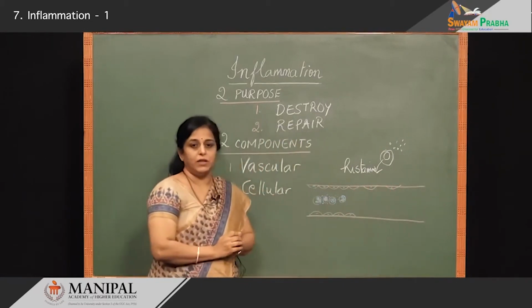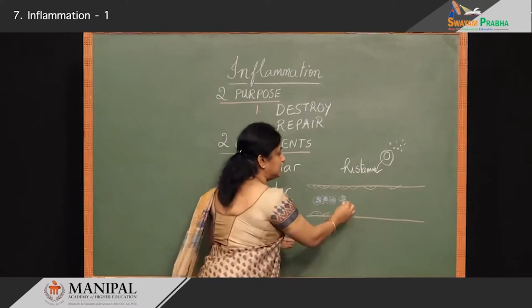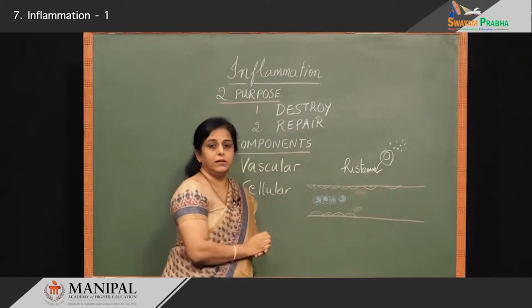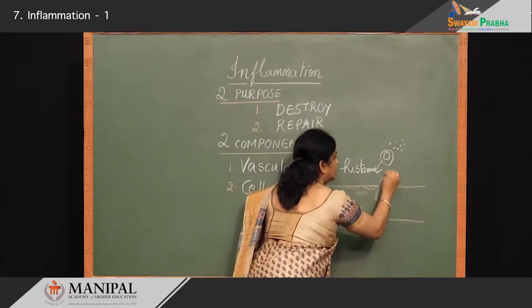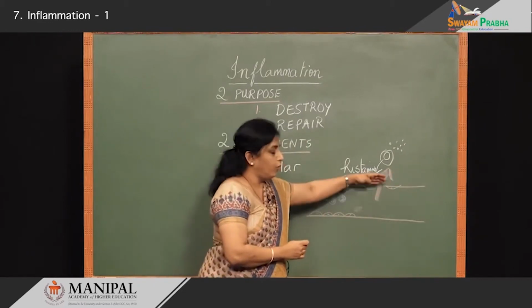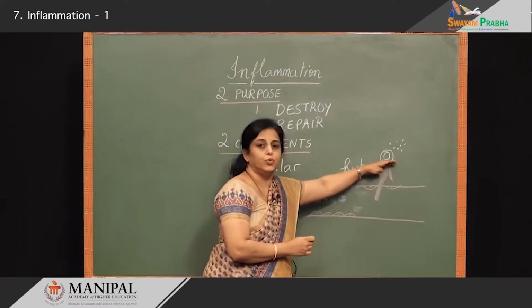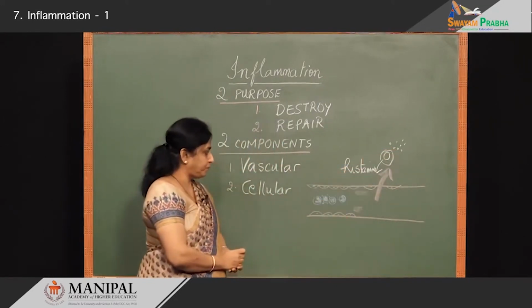You see the gaps between the endothelial cells. What happens when there is increased gap between the endothelial cells? The plasma which is present within the blood moves out into the tissue. Okay, so there is outpouring of plasma from the circulation into the tissue where there is inflammation.